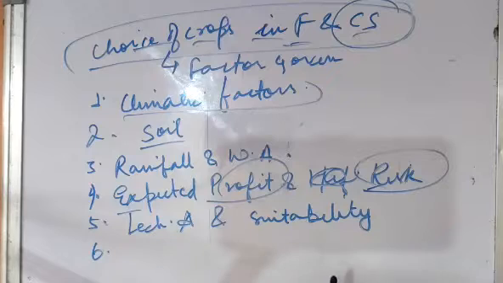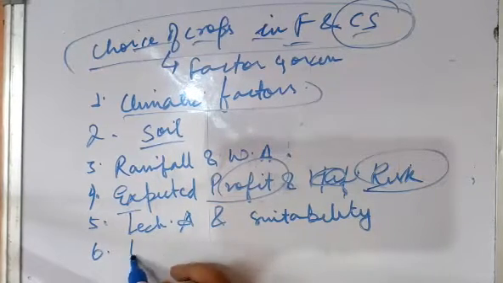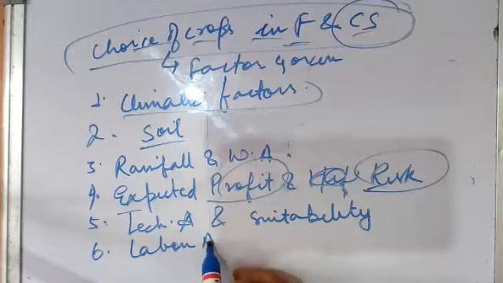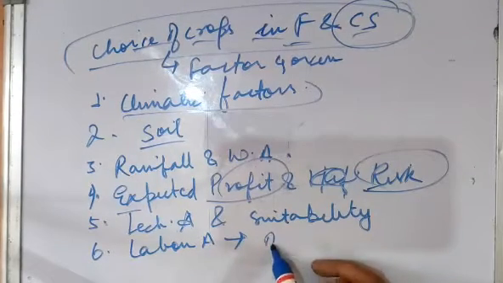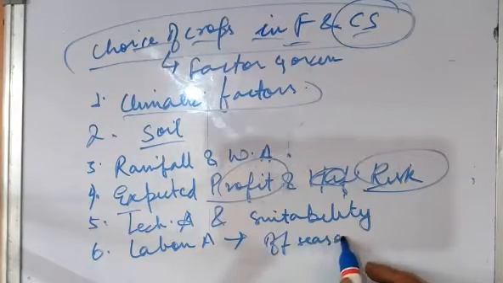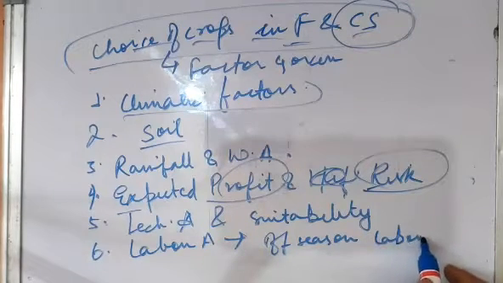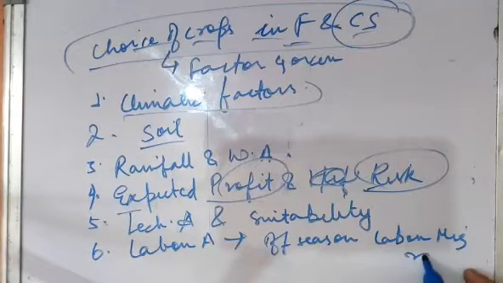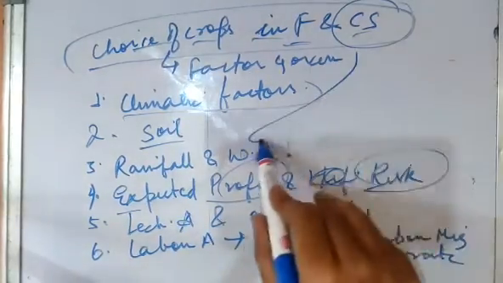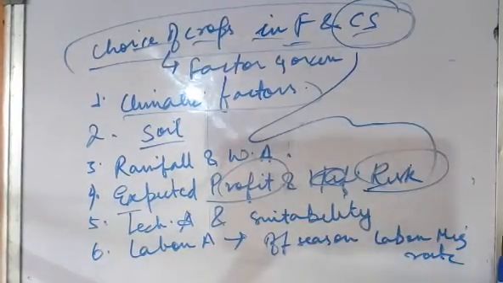It also is a major factor of choice of crops in farming and cropping systems. We got labor availability. As off seasons, labor migrate. So as labor is very much essential in our agriculture, labor availability is also a factor.